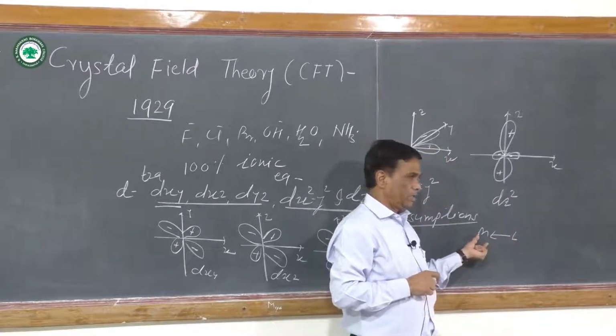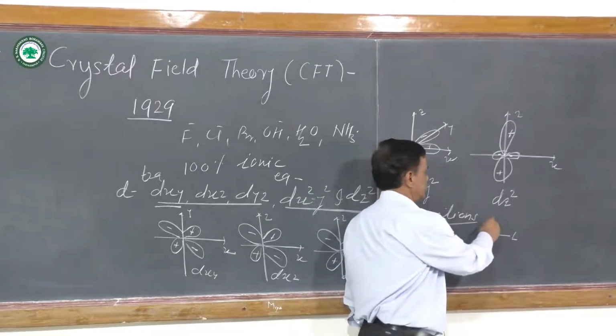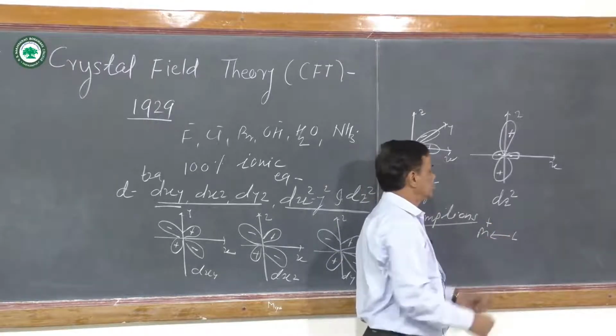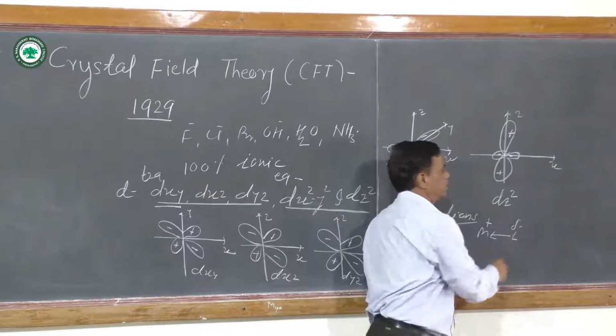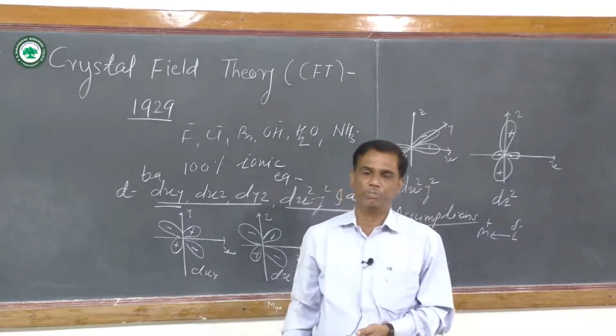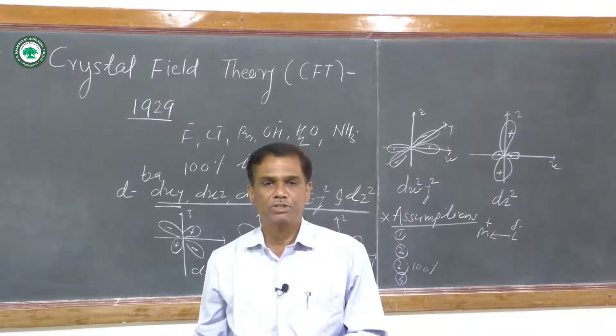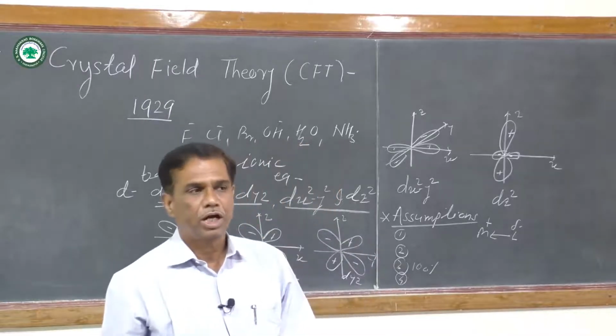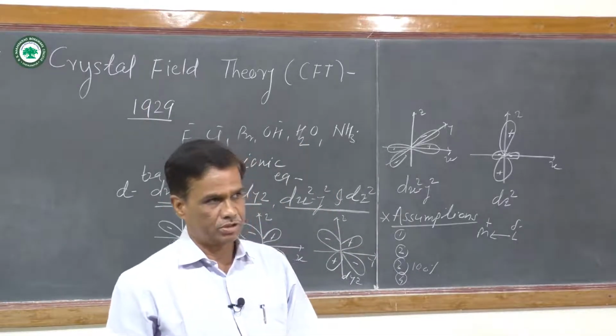The reason is that the metal is positively charged and the ligand's negative end, meaning delta negative, is attracted towards the positive end, and there is a positive-negative attraction and bond formation occurs.